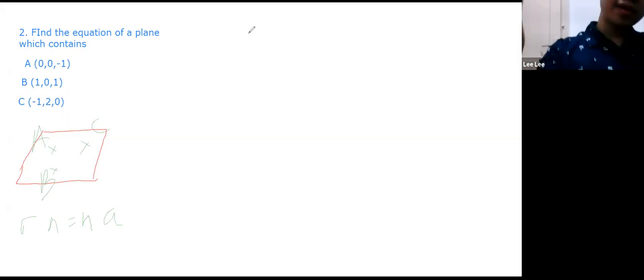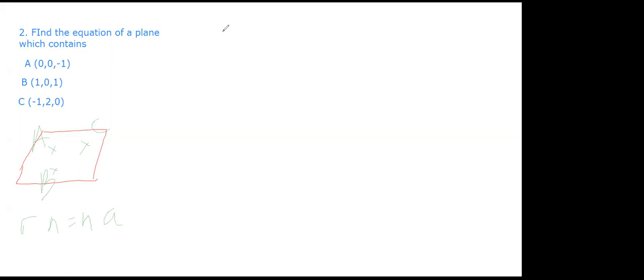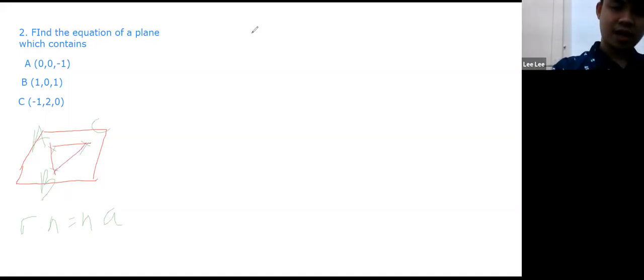There are 3 points, so how many lines can you draw? 3 lines: AC, AB, and BC. The normal that you need has to be perpendicular to all 3 of them.